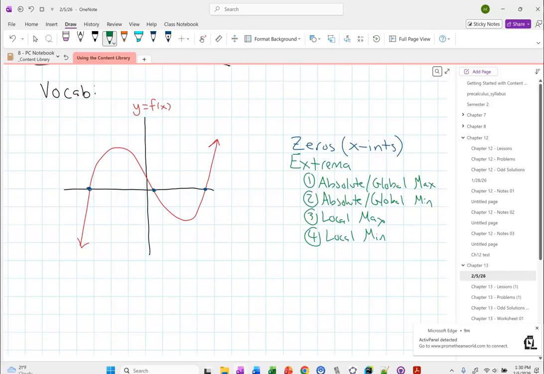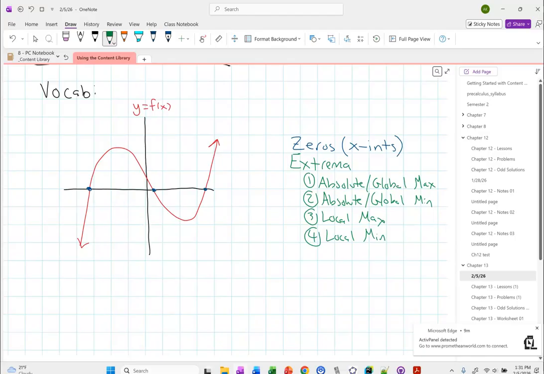You can use those two terms interchangeably. Absolute maximums, absolute minimums, local maximum, and local minimum. Now, any polynomial graph may have 1, 2, 3, 4, or none of these, which they don't all have to occur on every polynomial function. Does anybody remember the difference between an absolute extrema and a local extrema? Okay, so for example, an absolute maximum is a point whose y-coordinate is greater than or equal to all the other y-coordinates in the function.